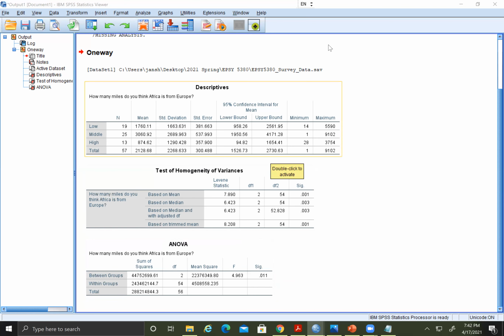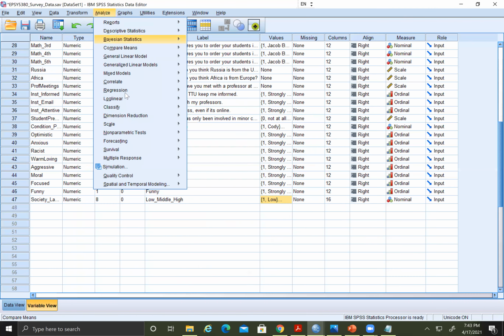And that's what we were trying to do at the beginning. I did not check it at the beginning because it's related to the homogeneity of variance. And you see here, the homogeneity of variance is violated, because it's a very small probability. This assumption of the same variance is violated. So when we go back to the test, we can just check this.